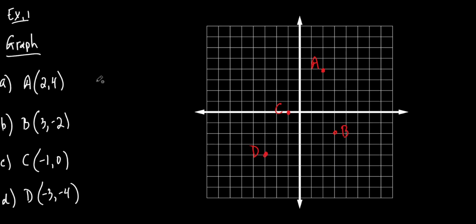Because all of these are considered relations. When you have a relationship between an x and a y and you can get a point, that's called a relation, okay? It's from relationships. They relate to each other, all right?